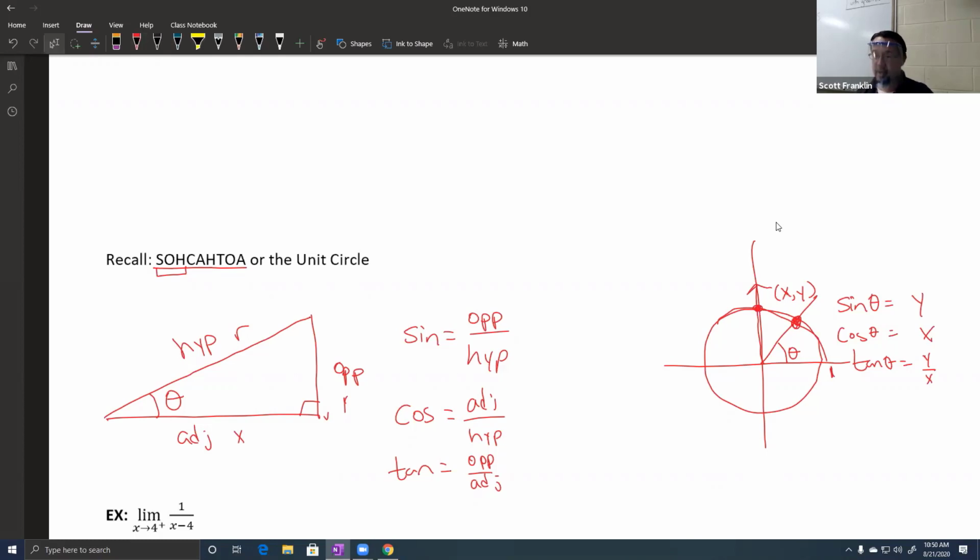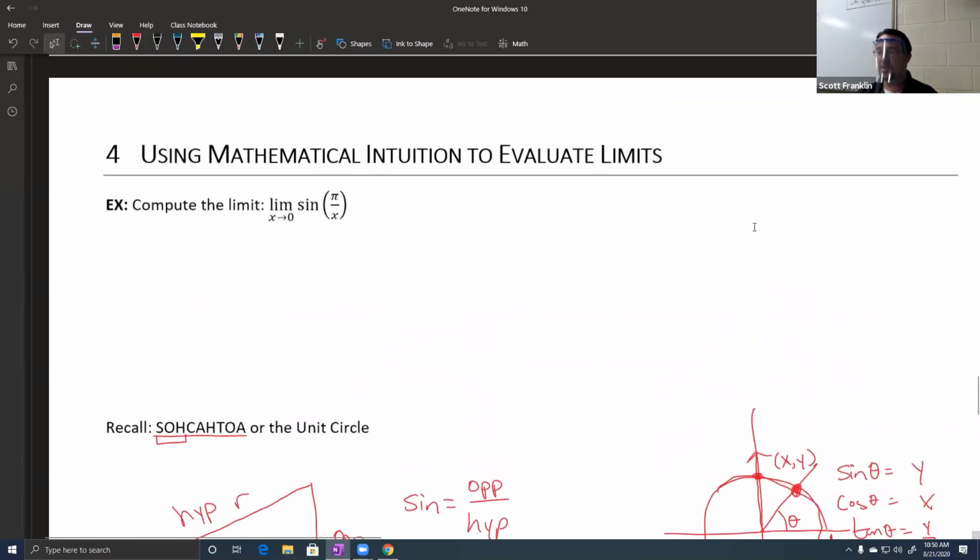But this is also a good way, if you remember your 45, 45, 90 triangles and your 30, 60, 90 triangles, your reference triangles. All things that you'll want to refresh on and we'll come across here. But for now, let's just think about what's happening to this function as x goes to 0. So before we think about the sine, what's happening inside?